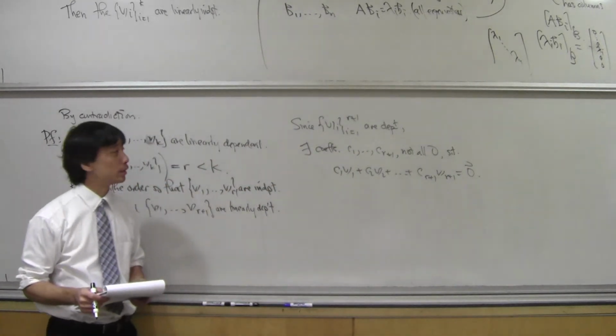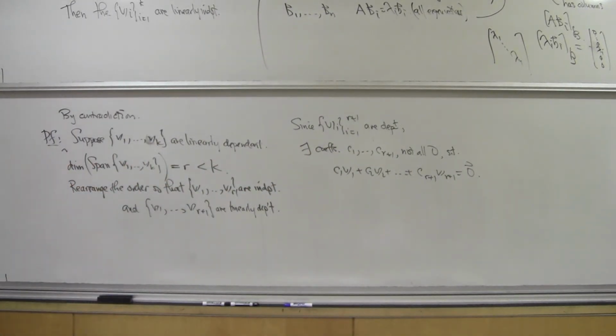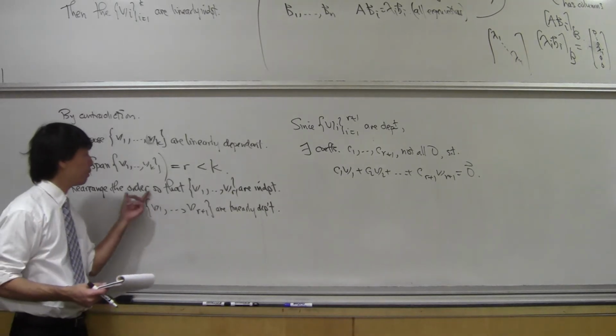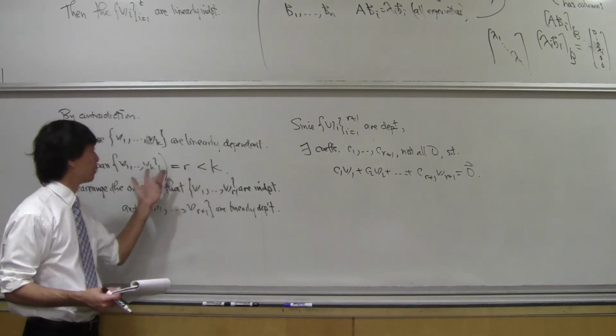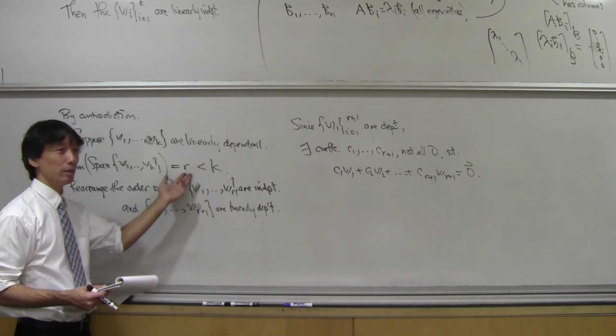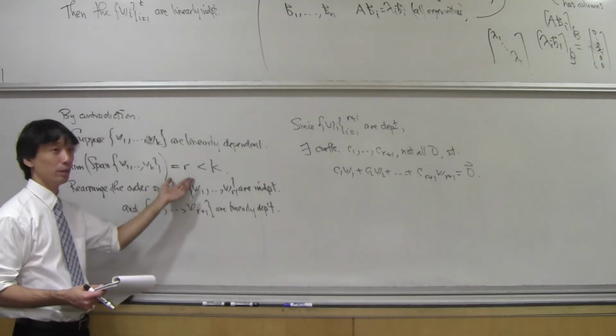Could you explain why V1 to V(r+1) are linearly dependent? Shouldn't it be V1 to Vr? So we suppose that the span is r dimensional.